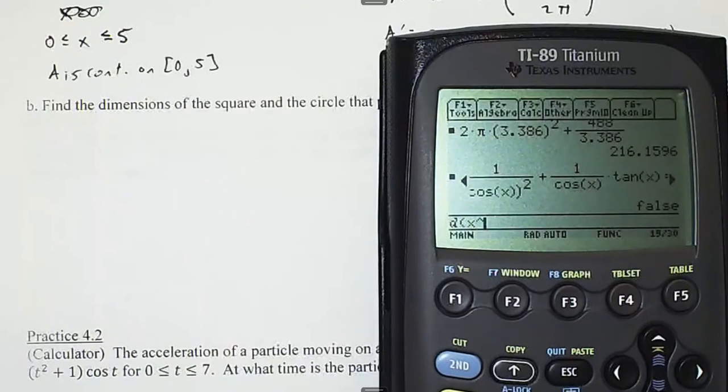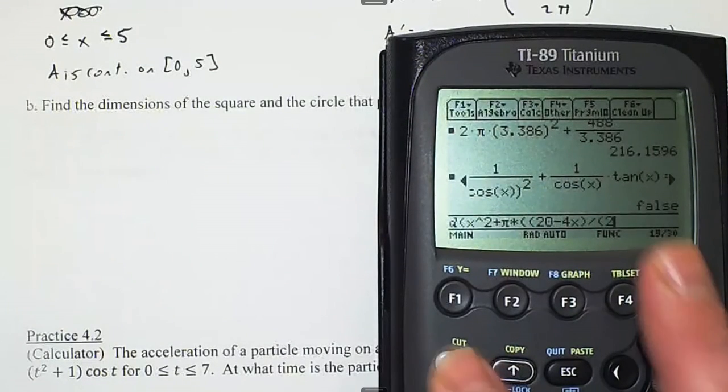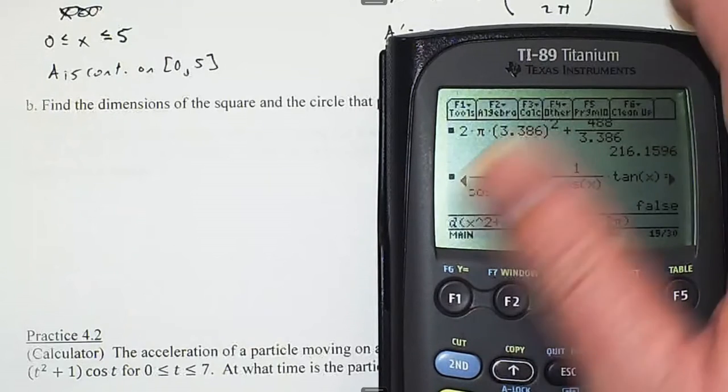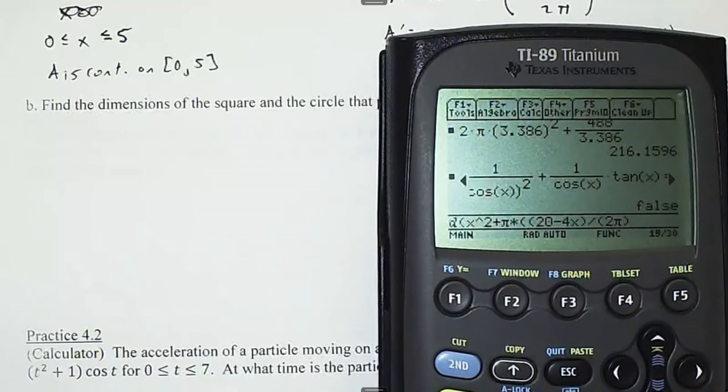X squared plus pi times, and I'm going to put two parentheses here, (20 minus 4x) divided by parentheses 2 pi. Make sure you put the 2 pi in parentheses as well, or else it'll just divide by 2 and multiply by pi.